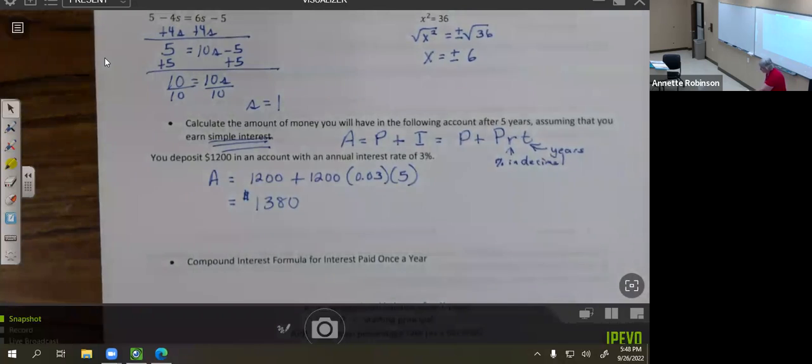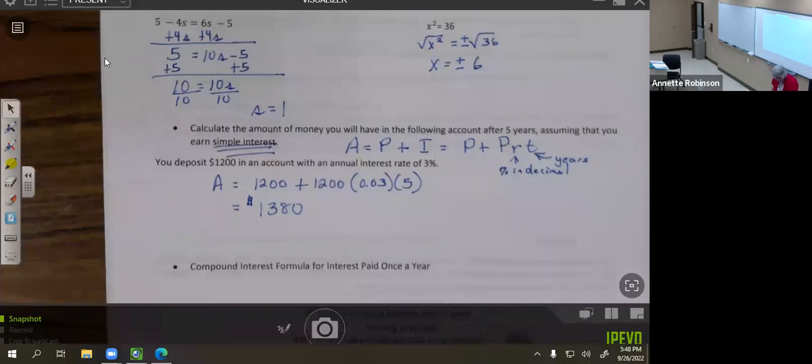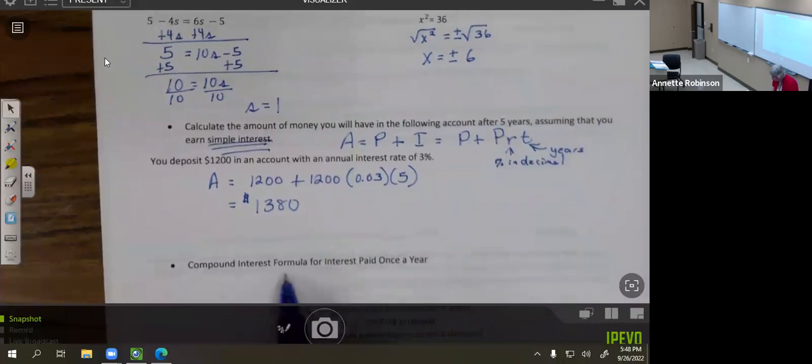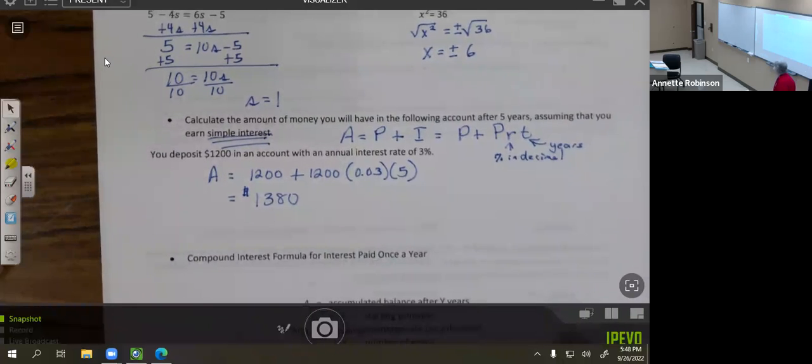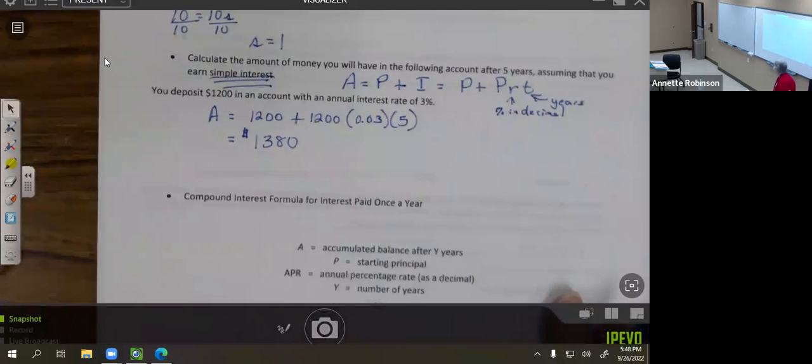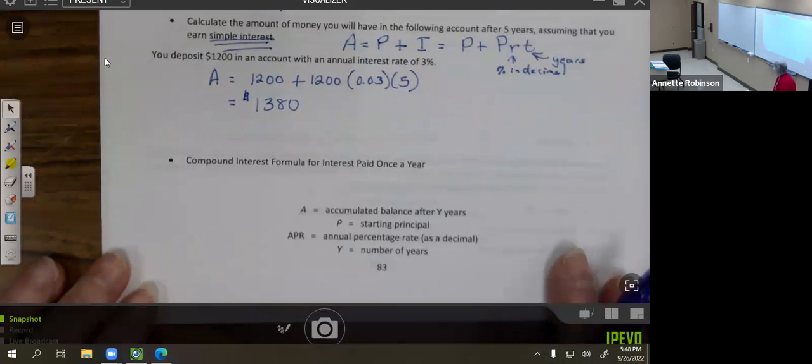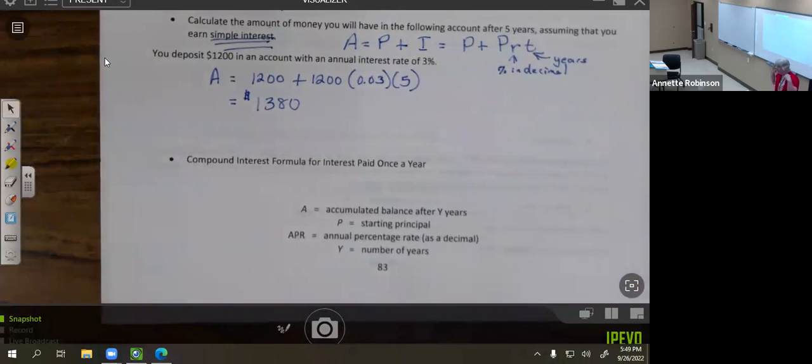The next one, and we're going to put this formula on our green sheet again, is called the compound interest formula for interest paid once a year. Now, here's what's different for interest in a compound. With simple, they only pay you the interest one time.